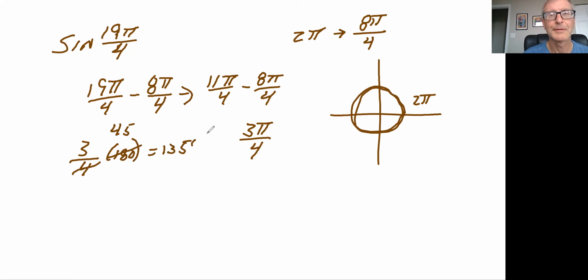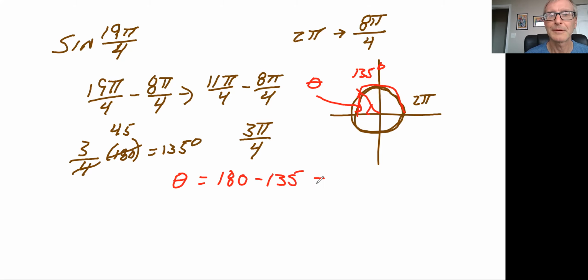degrees. So let me just pick a different color here so you can see. So now we're going around 135 degrees. And so when you go around 135 degrees, you're going to find that angle right there. I call it theta. And so theta is going to be 180 minus 135, and that would be 45 degrees.